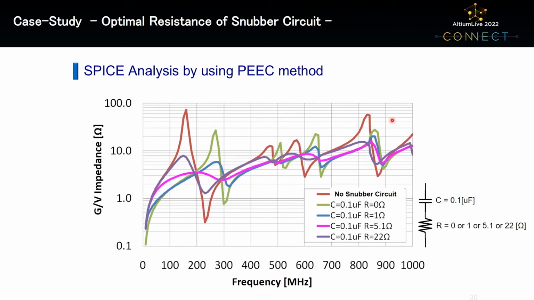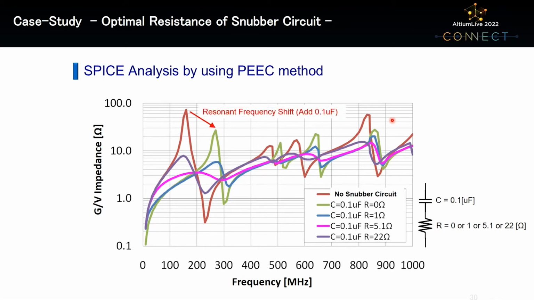This is the result of SPICE analysis using the peak method. In this graph, where the horizontal axis is frequency and the vertical axis is impedance between power and ground, the frequency of the peak becomes the resonance frequency. The result where there is no snubber in the 4 corners is the red line of this graph.